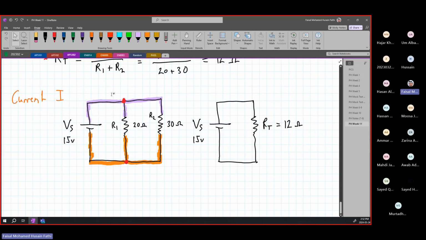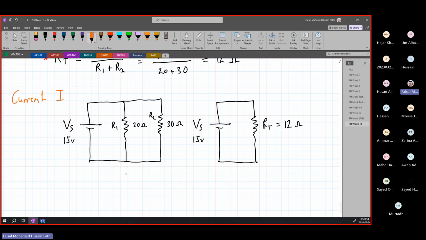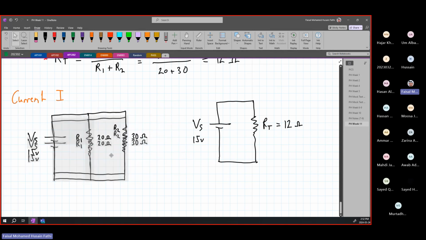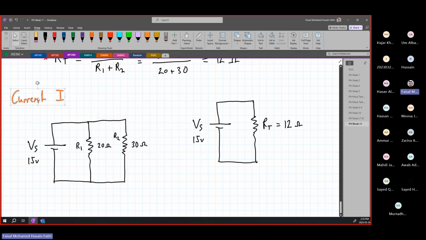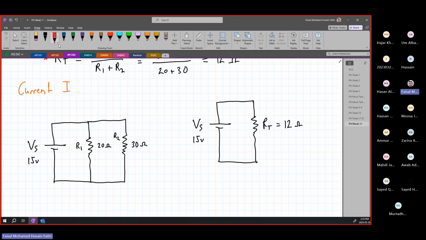So last time when we looked at a series connection, we had all the current be equal to each other. In the case of parallel, that is not the same case. So in a parallel circuit, current is not going to be all equal to each other.